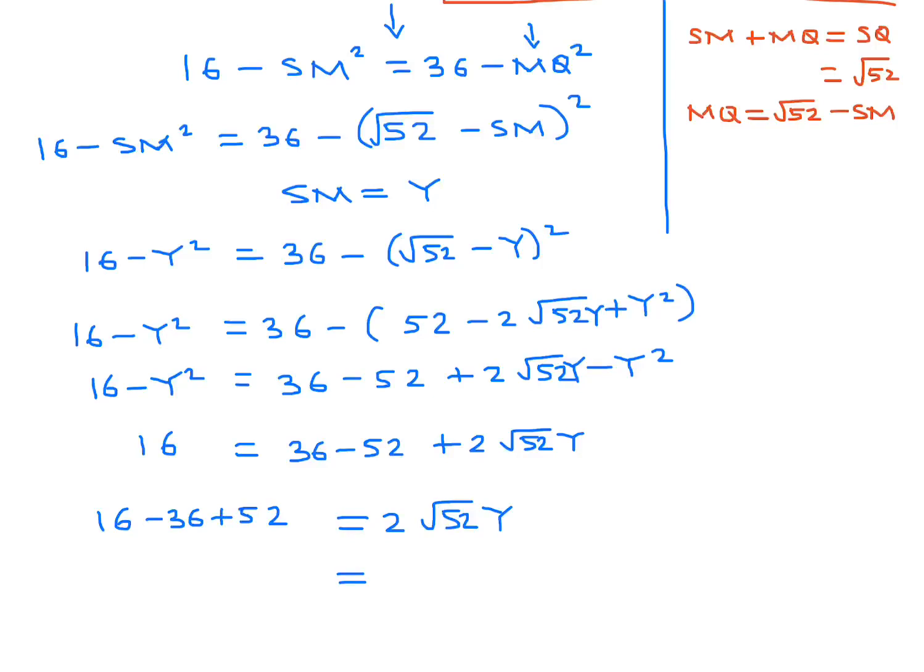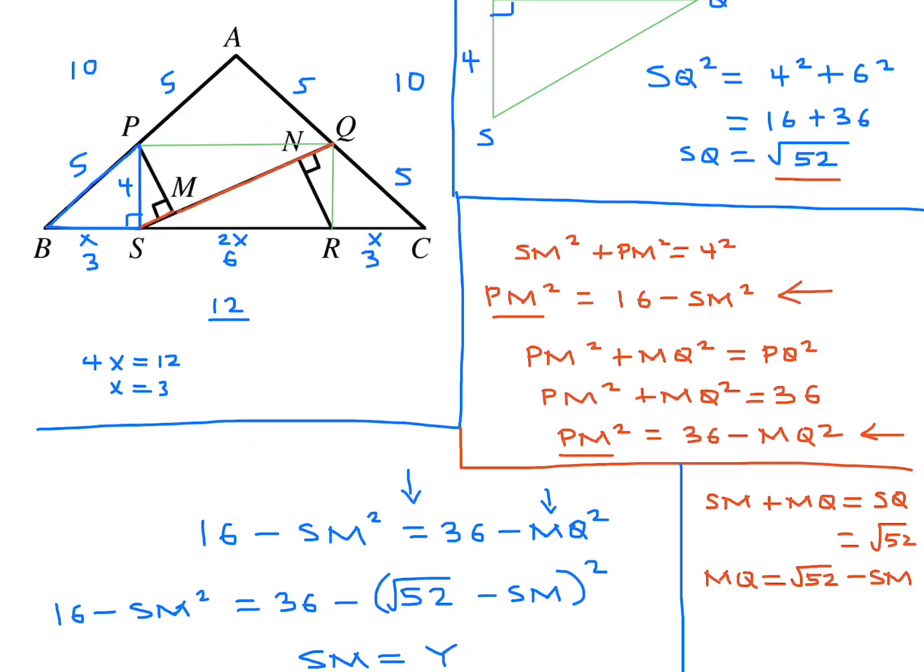And this looks like minus 20 plus 52, which is going to be plus 32, equals 2 root 52 y, and therefore y is equal to 16 over root 52, like that. There you go.